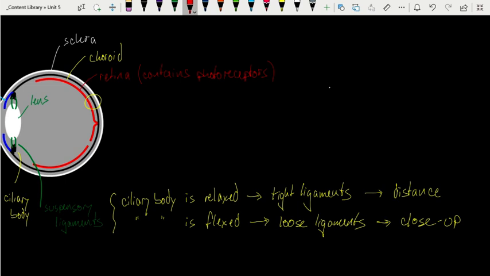Well, we would see that the most inner layer is the retina, which we've labeled. But let's look and see what this actually is. The retina is going to contain the ganglion cell. We'll go into detail in a minute. So here's the ganglion cell, and then it's going to turn and synapse on a bipolar cell.